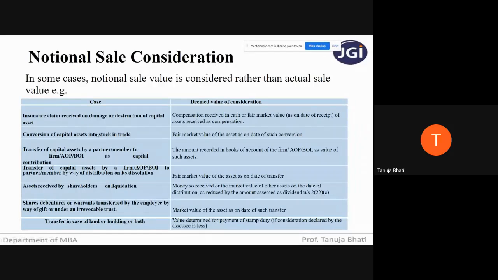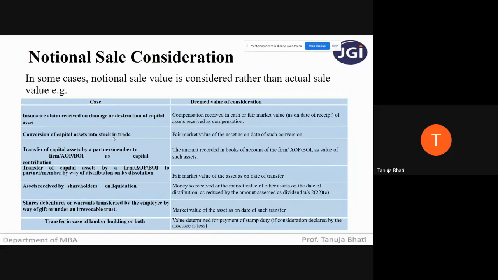That is, in case of insurance claim, whatever compensation the assessee is receiving from the insurance company is going to be the sales consideration. And in case of conversion of capital assets into stock in trade, the sales consideration is going to be the fair market value of the asset on the date of conversion.